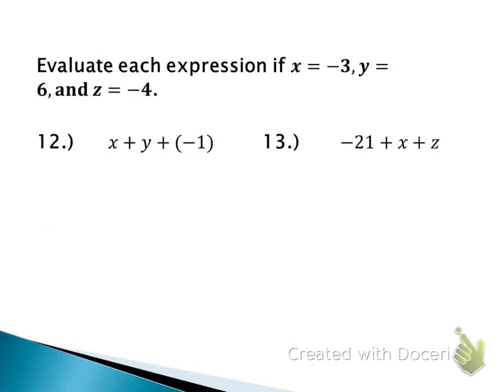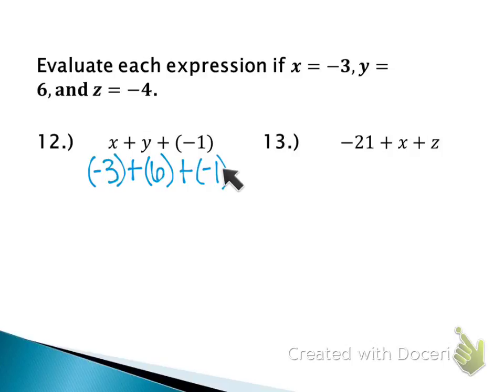So our first step, we substitute. In for x, I put a -3 plus. In for y, I put a positive 6. And we're still adding that -1 on the end. I like to group things together that have the same sign.